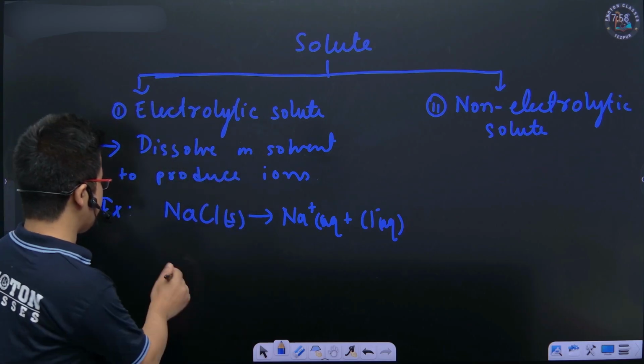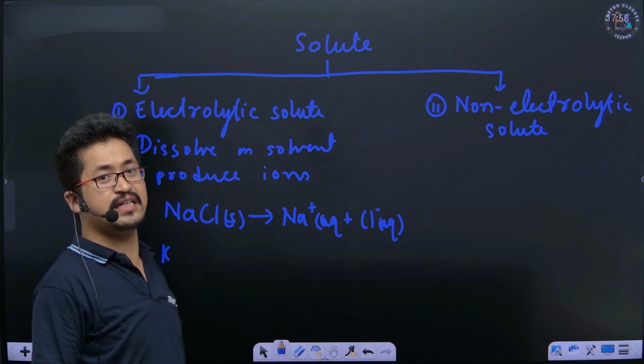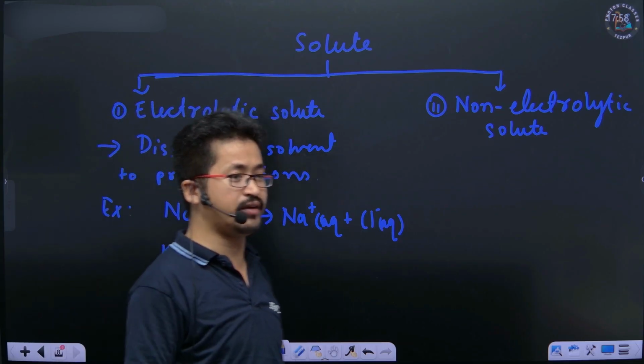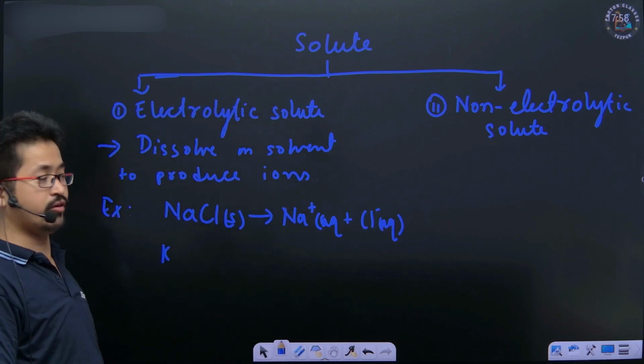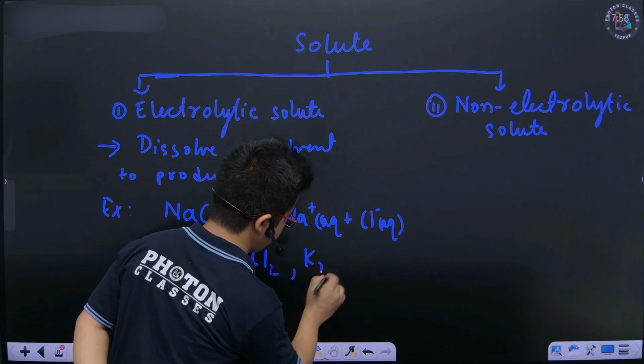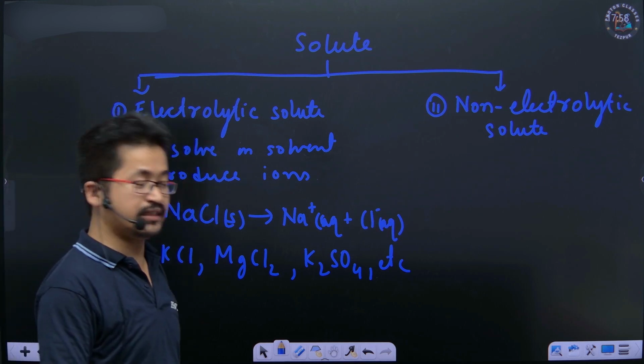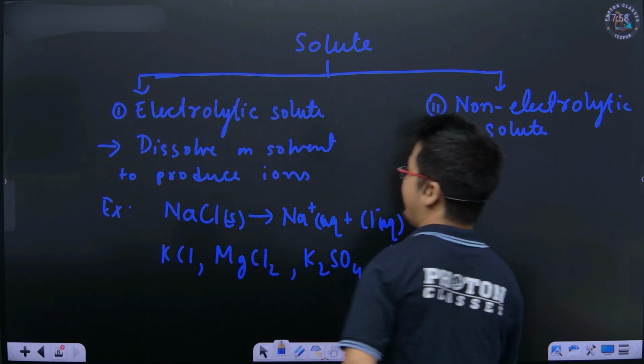You can take up many examples as such. All the ionic compounds, such as K2SO4, when dissolved in a polar solvent like water, will dissociate to produce ions, and all these solutes will be called electrolytic solutes. Remember, all acids as well as bases are also electrolytic solutes.